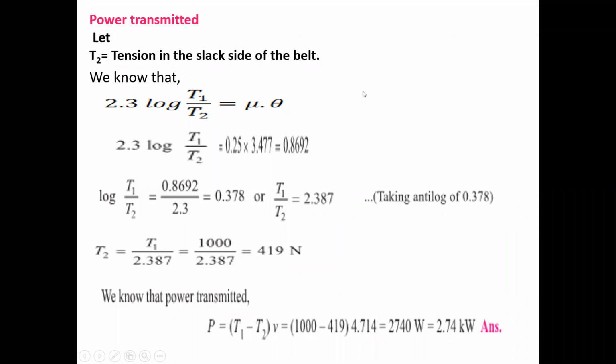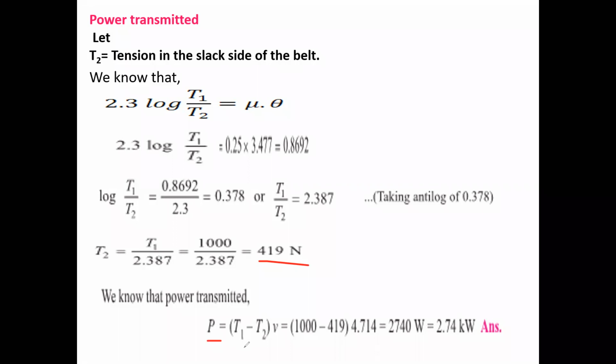Then T2, when we make the calculation, comes to 419 newtons. That is the T2 value.